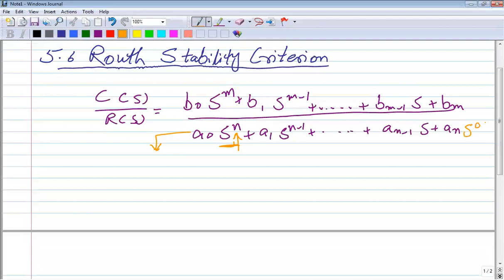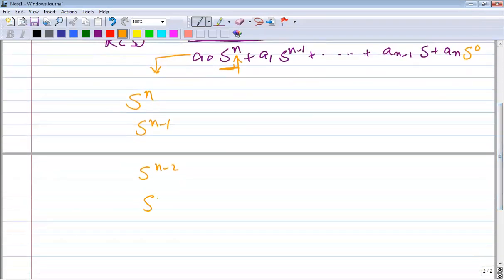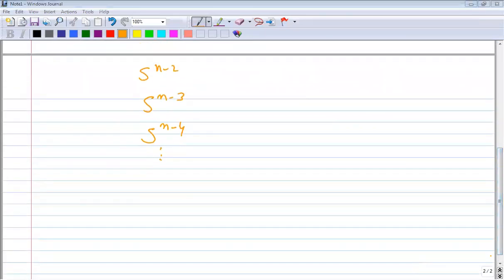So I will list it down, something like s^n, s^(n-1), s^(n-2), and moving downwards, s^(n-3), s^(n-4), till I drop down to the very initial s squared, s1 and s0.